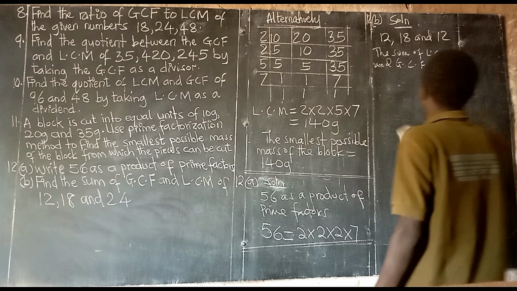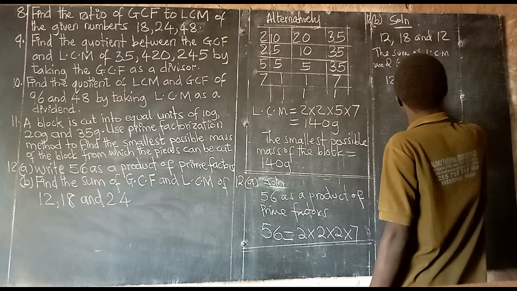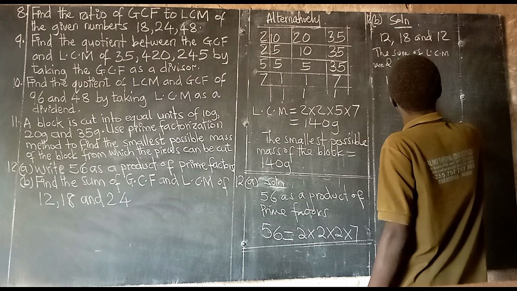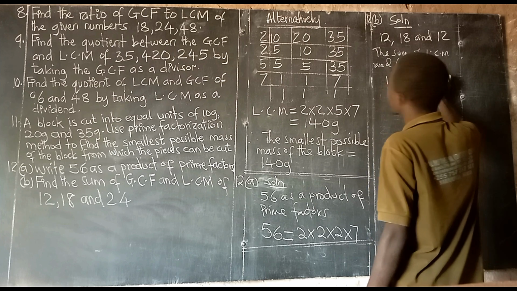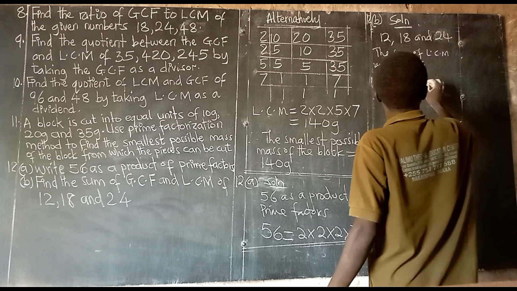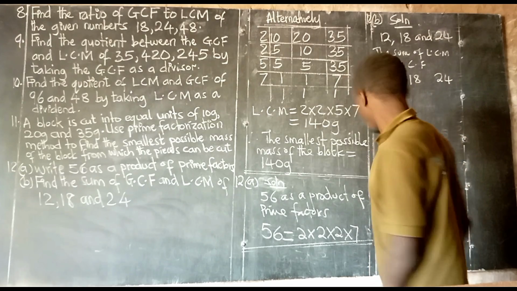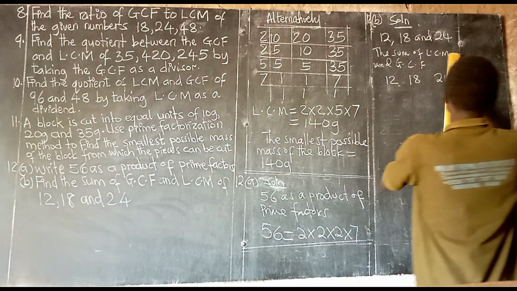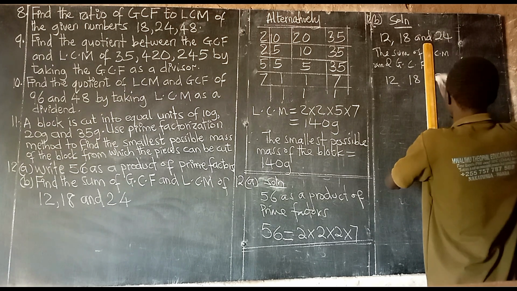So first of all, we find the GCF and LCM for 12, 18, 24. Now I'm going to use the blocks as I have been doing, this way.